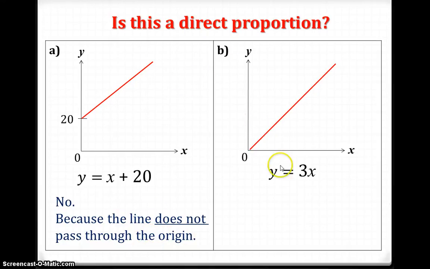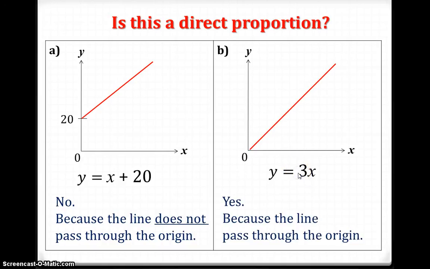Let's look at B. Is this a direct proportion? Yes, it is, because the straight line is passing through the origin. And by looking at the equation, you also realize y equal to 3x, which means 3 here is the constant k. Yeah, this is a direct proportion.